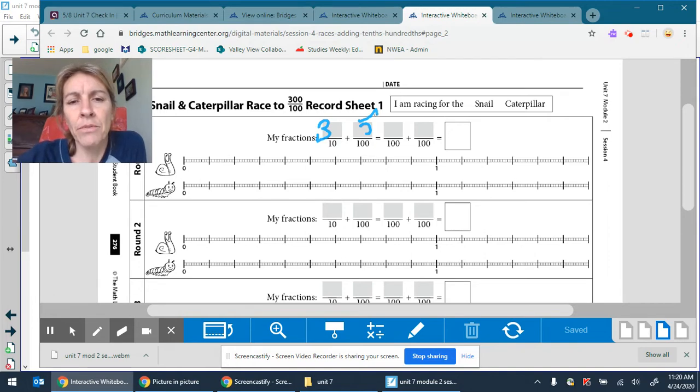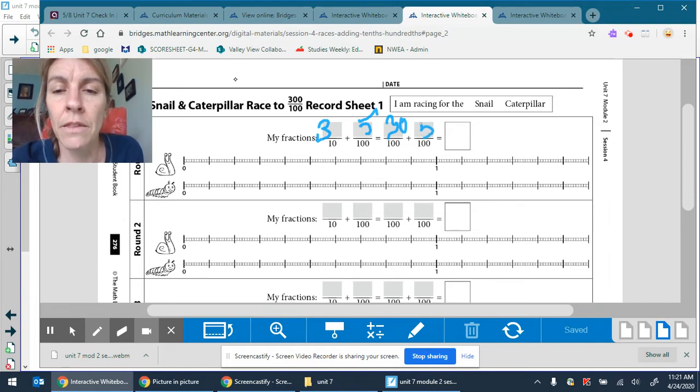So now I have the fractions, what we just worked on, 3 tenths plus 5 hundredths. We know that actually means 30 hundredths plus 5 hundredths. So we're going to rewrite it to have like denominators. The 5 doesn't change because it's already out of 100. So what is 30 plus 5?